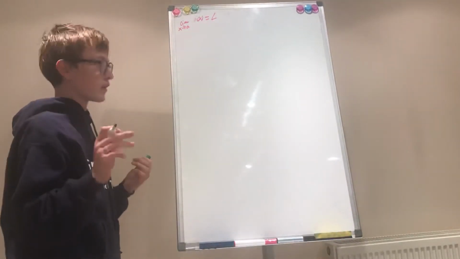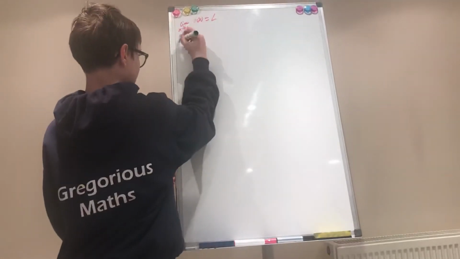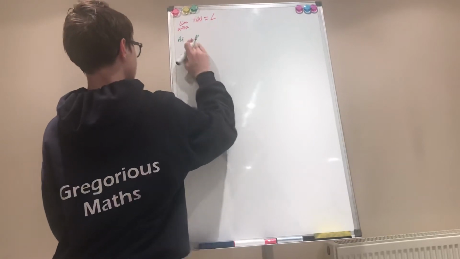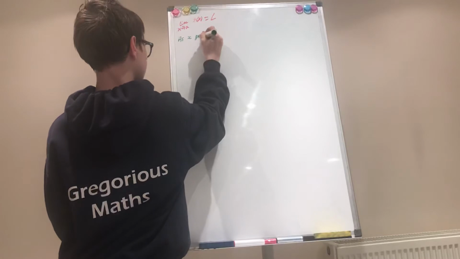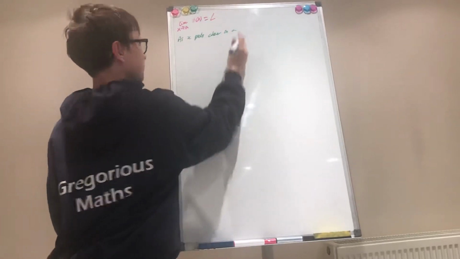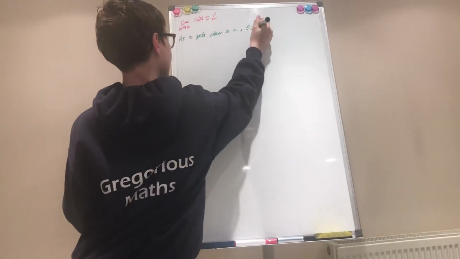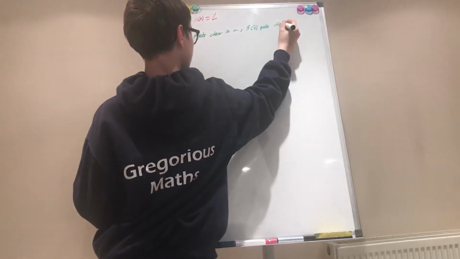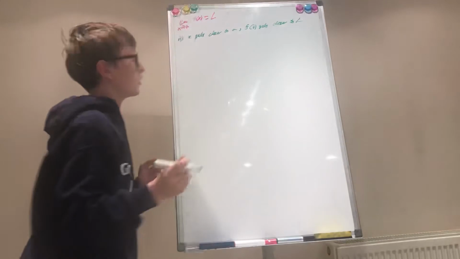So first of all, let's write in English what we're saying. As x gets closer to A, f of x gets closer to L. Okay?